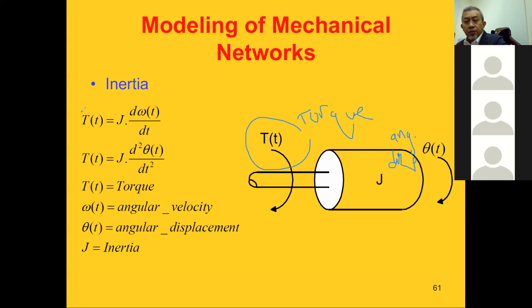So the torque will be T is equal to J, which is the inertia value, d omega dt, or T is equal to J d square theta dt square, which is the twice differential of the angular displacement, in order to get this value.